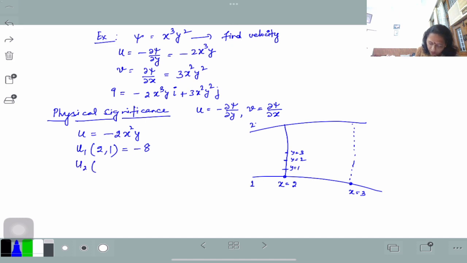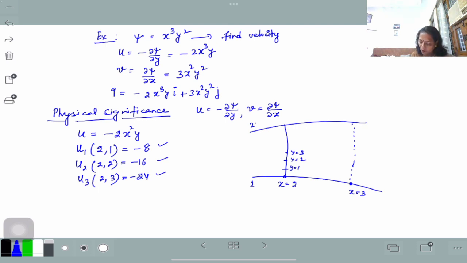If u2 at 2,2, I'll get minus 16, and u3 at 2,3 will be minus 24. So it is from right to left because you are getting velocity in negative sign. So you see that velocity at different points is different.